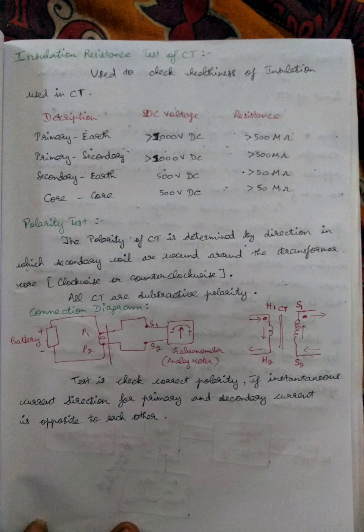P1 is positive, S1 of the secondary should be connected to the galvanometer positive, and S2 should be connected to the galvanometer negative. While giving the pulse, the galvanometer will move in a clockwise direction. If the polarity is reversed, it will move in an anti-clockwise direction. In this way we can easily find the polarity.